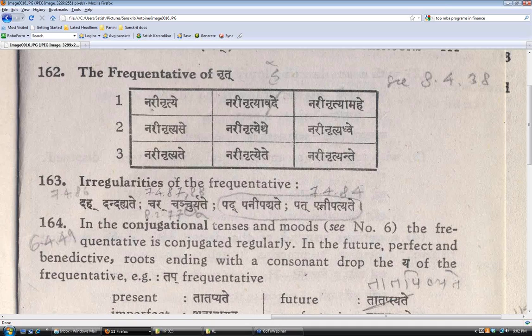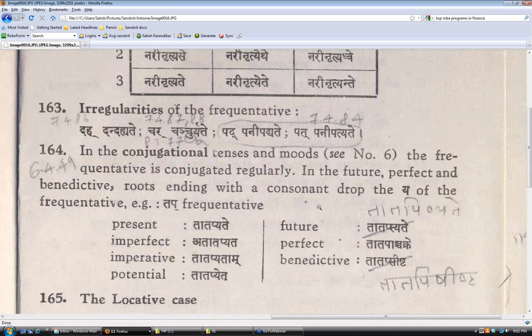Okay. Next time, once we do that, we will do these forms down here. The tatapyate, the lat lakara. So basically when you found the dhatu tatapya, you do the same thing as for labhate: tatapyate, alabhata, atatapyata, nothing special. Then labhatam, tatapyatam. Then labheta, tatapyeta.